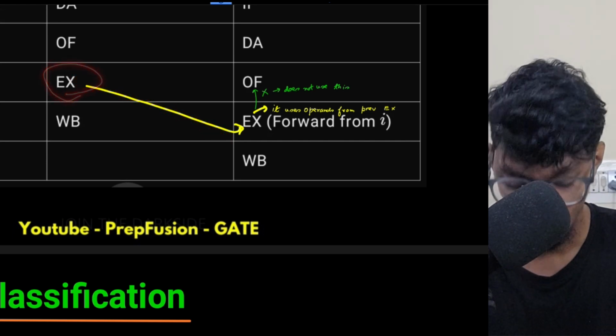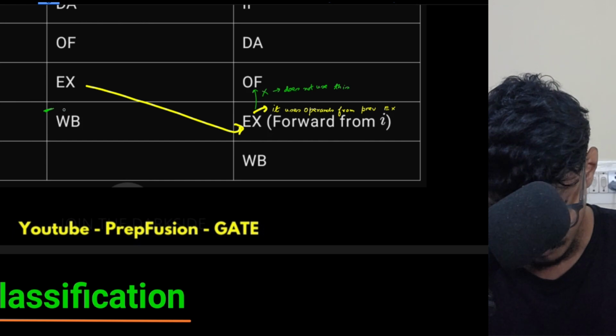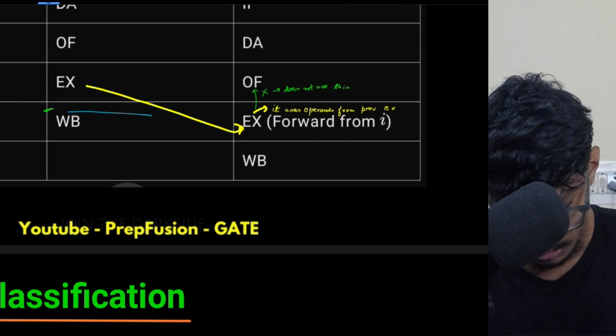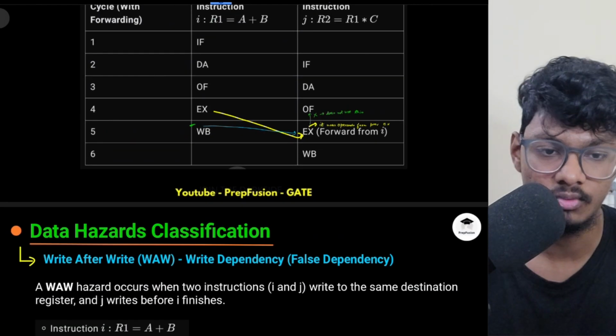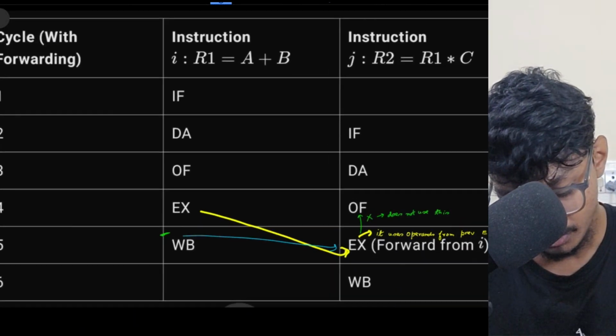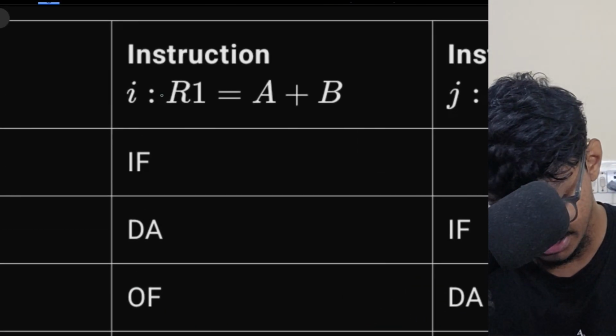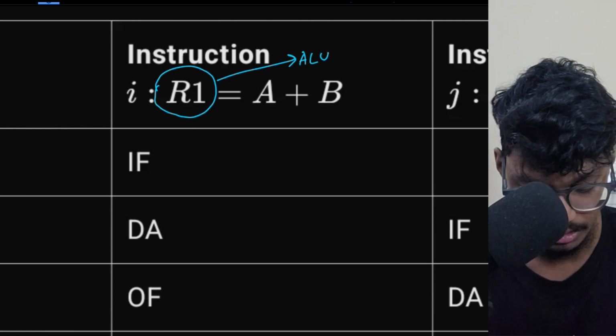After executing, operands are ready here. So I instantly send this operand here, as soon as the execution phase is done. That is what we do in operand forwarding. But remember, this is only possible because this is an ALU element.